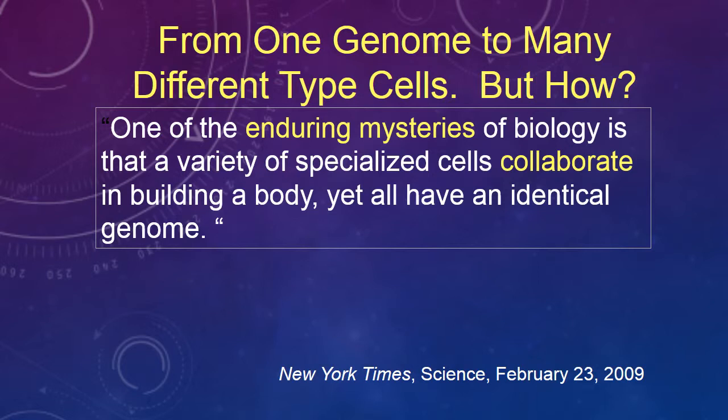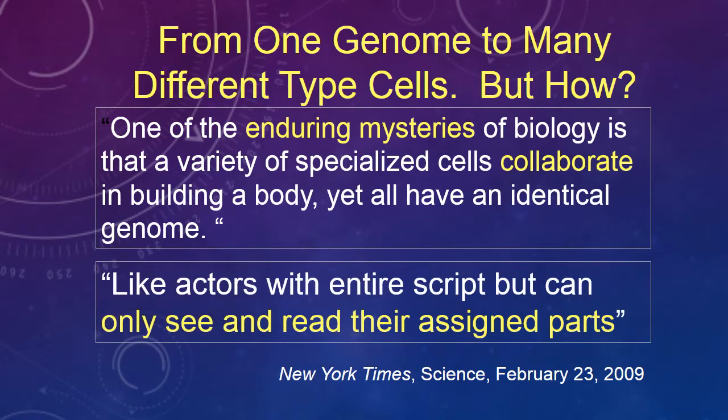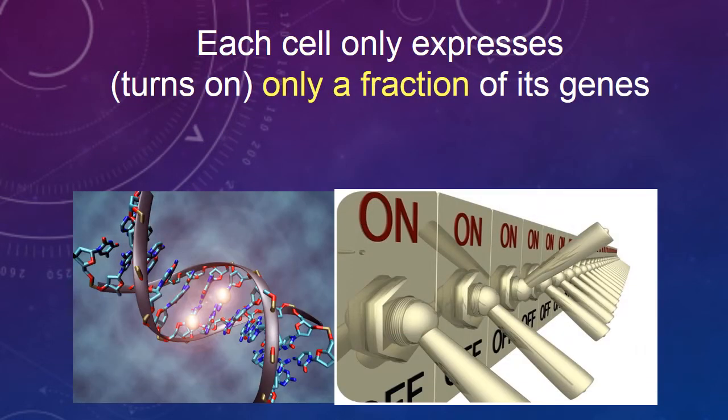I think this is probably the best way of saying it. Like actors with the entire script, certain cells can only see and read their assigned parts. So each cell only expresses or turns on a fraction of its genes. It's kind of like on-off switches.